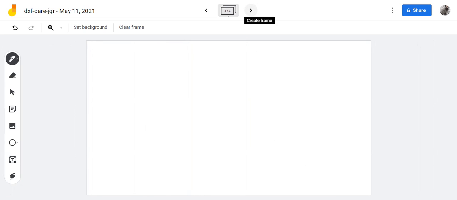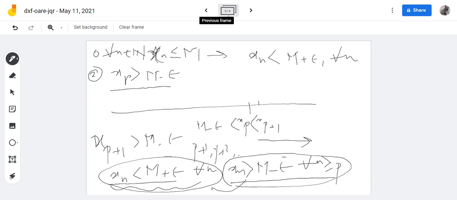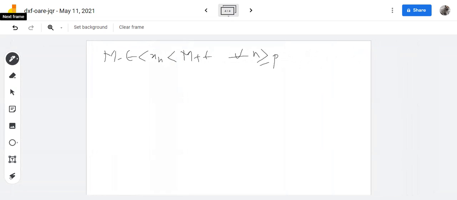So I can write M minus epsilon is less than xn less than M plus epsilon for all n greater than or equal to p. Since the first is true for all n, it is also true for all n greater than or equal to p. If you combine both, then you will get M minus epsilon less than xn less than M plus epsilon for all n greater than or equal to p.